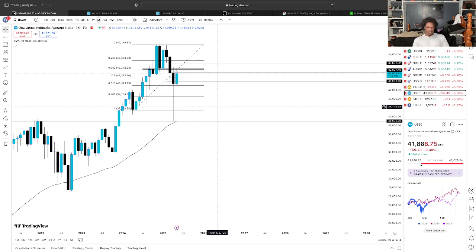Price action is reaching 1,149 points from its opening price, finding support right around the 61.8% retracement.